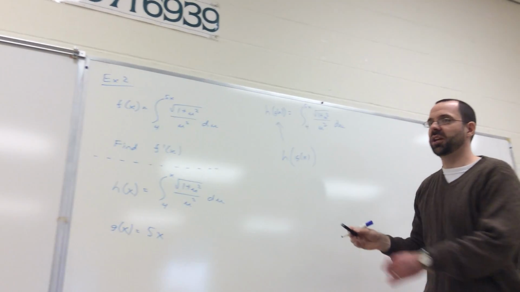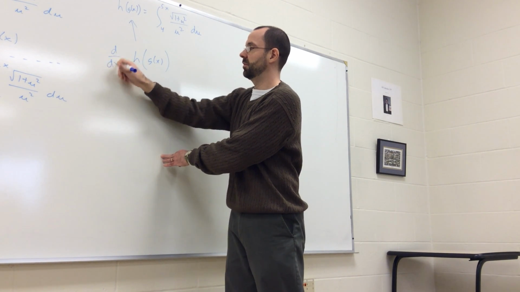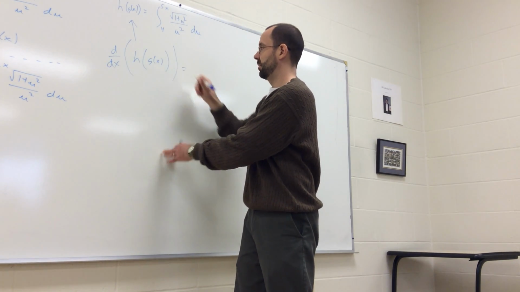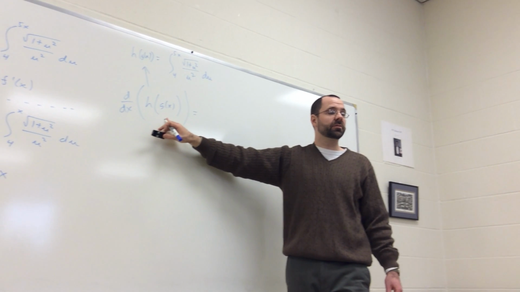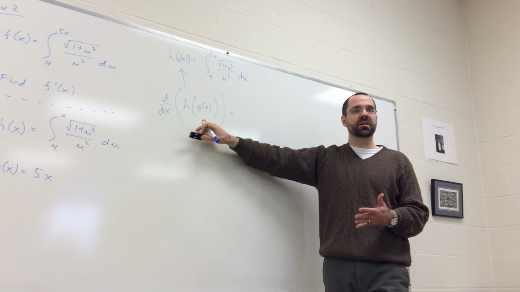Okay, so how does the chain rule work? How do you take the derivative of something like that? Well, there's the outside function and there's the inside function, right?